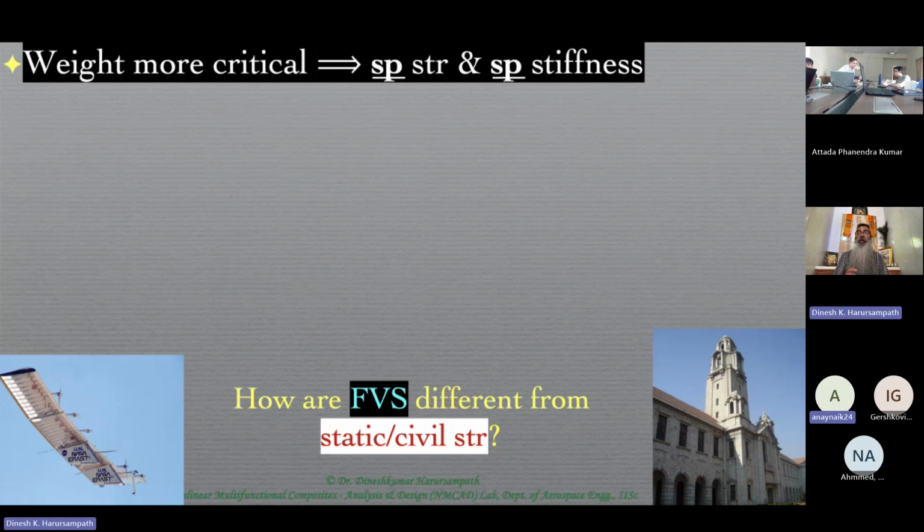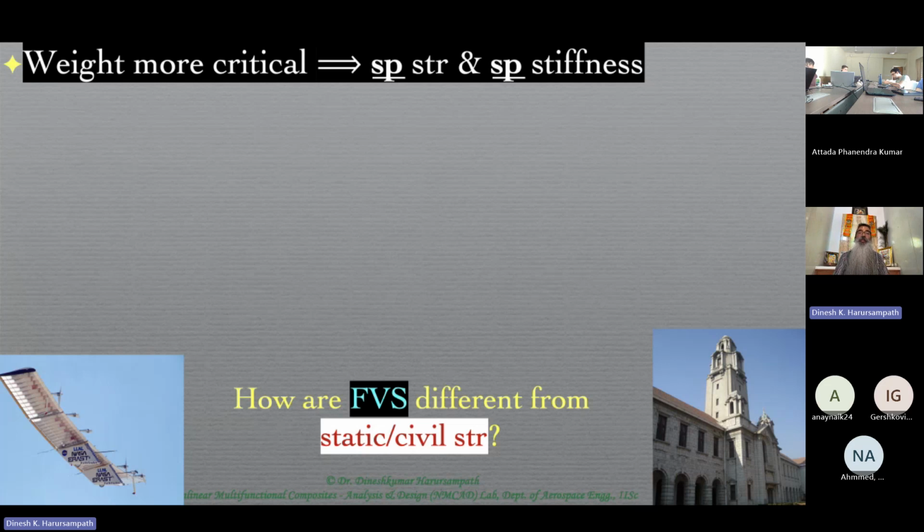The reason why this particular ratio of sigma U by rho or E by rho is important, we will look at a few derivations in a later class, maybe later this week or probably next week. So right now we are looking at it from a qualitative point of view.